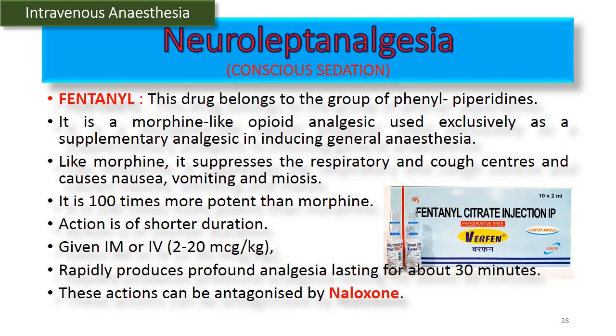It is 100 times more potent than morphine. It has a shorter duration of action and is given by intramuscular and IV injection of 2 to 20 mg per kg body weight. It rapidly produces profound analgesia lasting for about 30 minutes and these actions can be antagonized by the specific opioid antagonist naloxone.